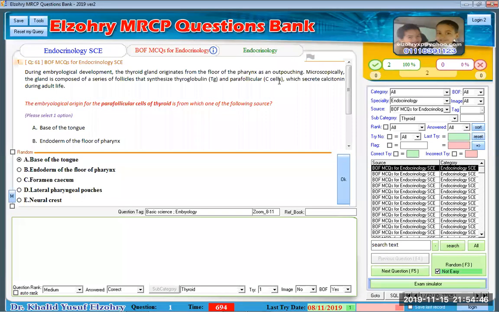Actually, there are a lot of debates about whether to treat sick euthyroid with levothyroxine or not. Some schools recommend to treat, but you must know that there is no randomized controlled trial between treatment and no treatment.